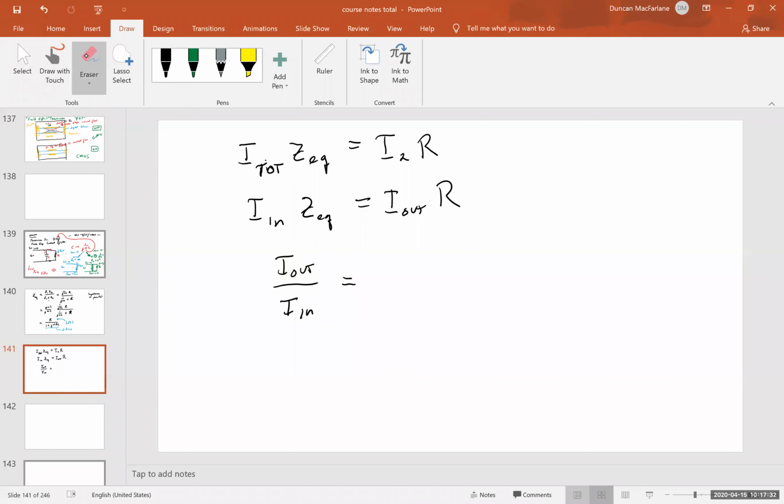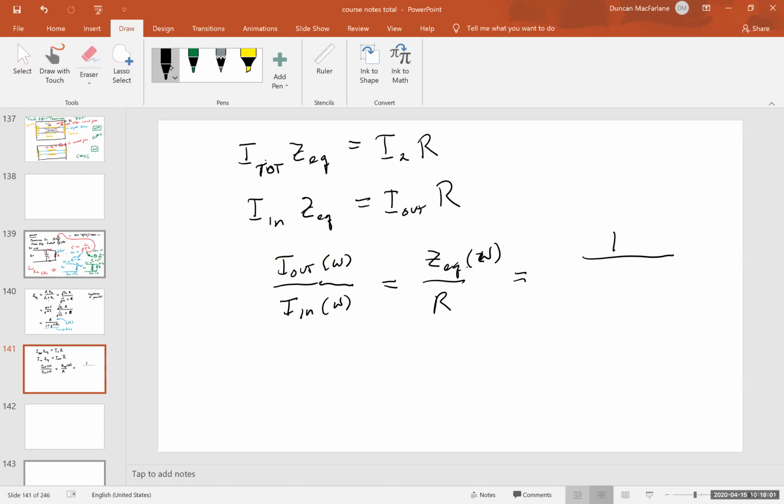Let me emphasize that this is going to be a function of frequency. And the reason for that is this is going to be Z equivalent, which is a function of omega and R. And so this is going to equal 1 over 1 plus j omega RC.